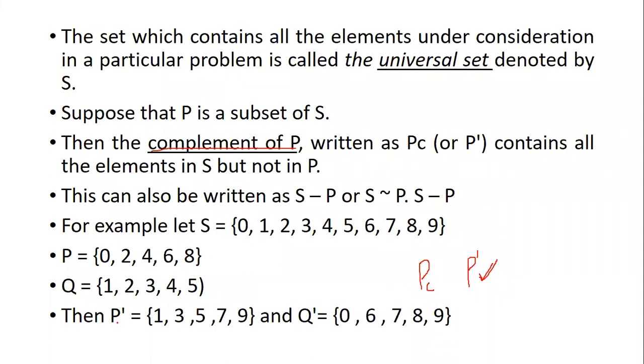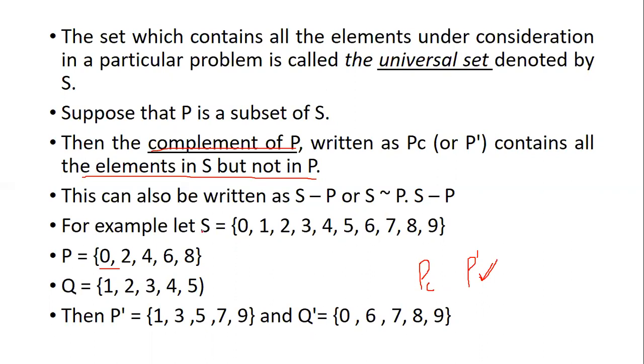So P dash is nothing but all the elements in S but not in P. Now what is P dash? We will do it step by step. Carefully listen here.